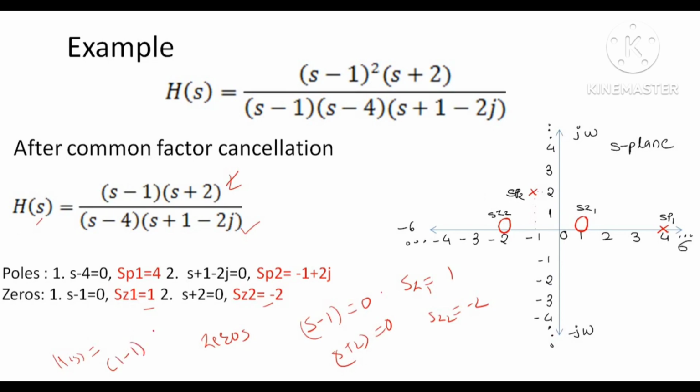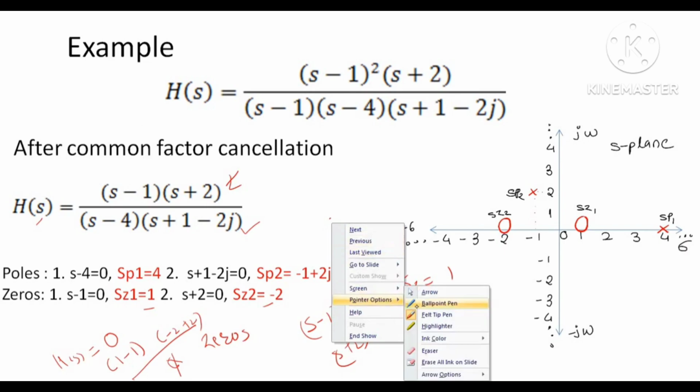Or another zero is at minus 2, so s equal to minus 2, minus 2 plus 2. So whatever may be in the denominator, it doesn't matter, because 1 minus 1 is 0, or minus 2 plus 2 is equal to 0. So it is making H(s) equal to 0.